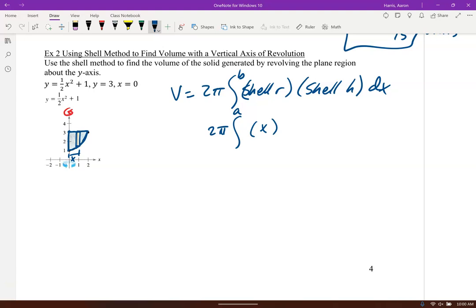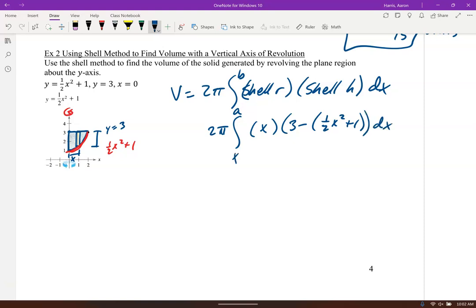And then the shell height here would be, here's our height. So it goes from y equaling 3 minus that 1/2 x squared plus 1, right? So the height would be 3 minus that curve.